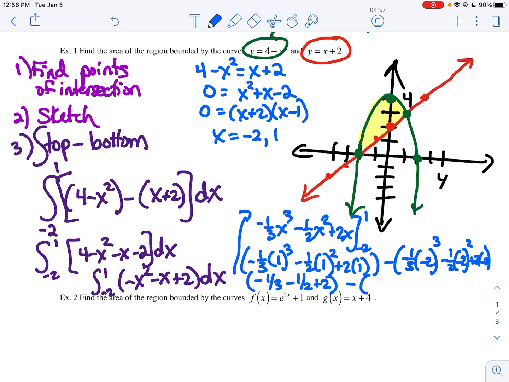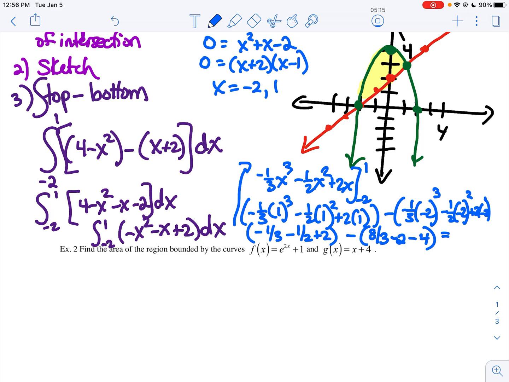So that's 8/3 minus 2 minus 4. Okay, so now watch this. Do you see negative 1/3 minus 8/3 is negative 9/3?